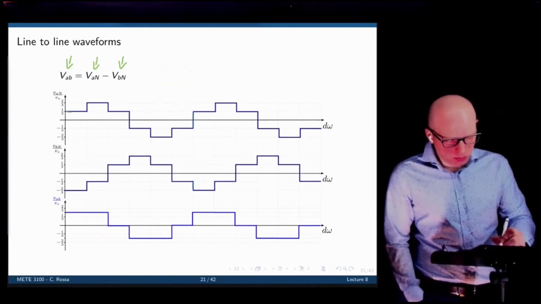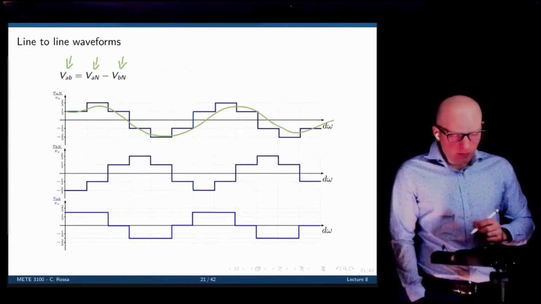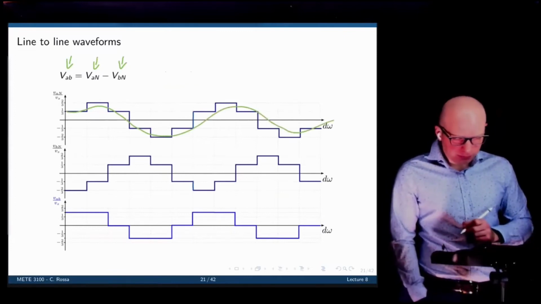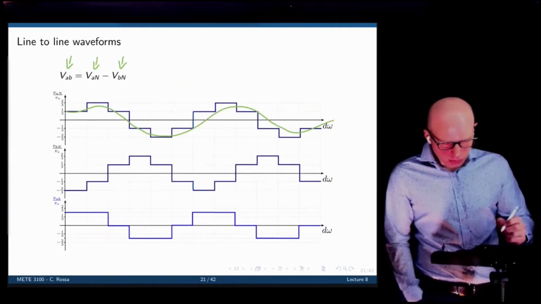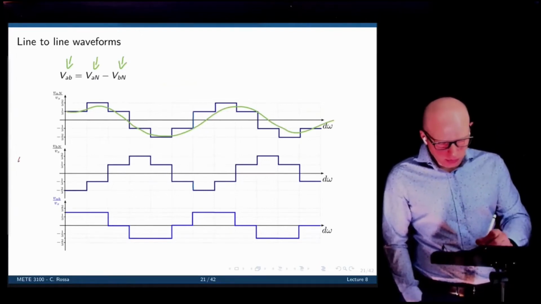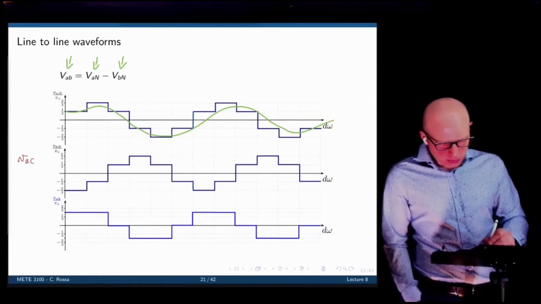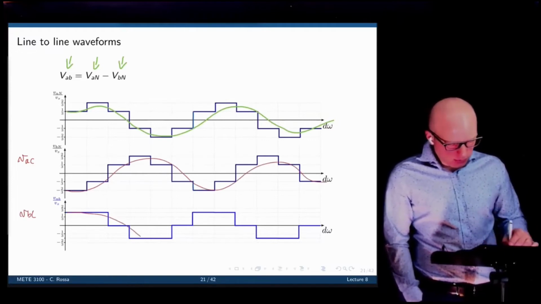And here is what we get. Something that looks like a sinusoidal waveform. Let's do AC. This is what we get. And BC. This is what we get.